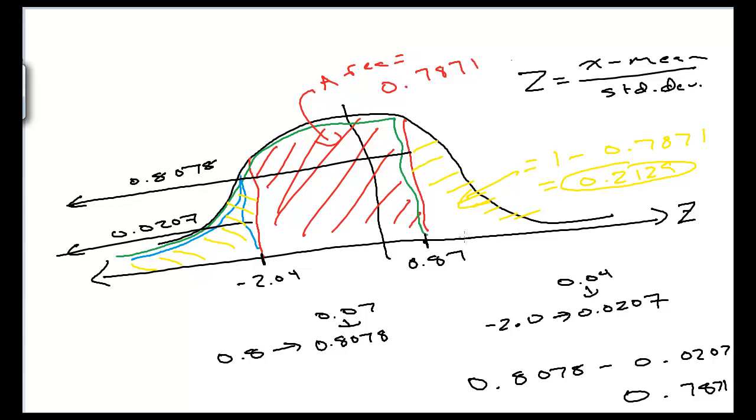So that would be one interpretation. The second interpretation is, what's the probability that a randomly selected person would have an IQ in this range? So depending on how they word it, it's really the same problem, just two different interpretations.